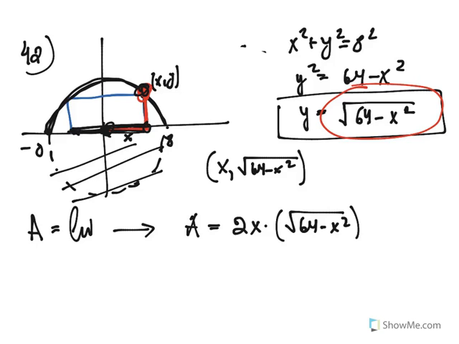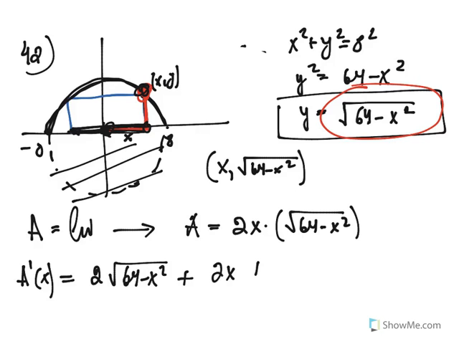Okay, so to find the maximum area, you have to deal with the derivative. So find the derivative of A, product rule. So it's 2 times the square root of 64 minus x squared plus 2x times 1 over 2 square root of 64 minus x squared.